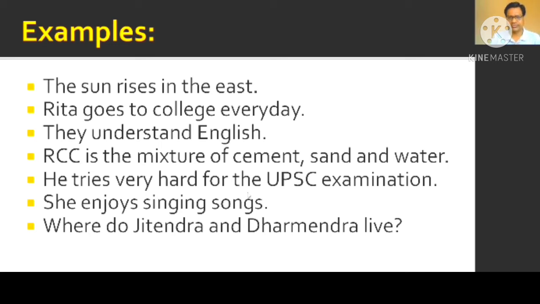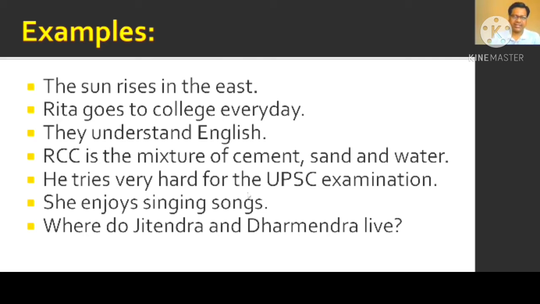Similarly, you have UPSC, Union Public Service Commission, that conducts competitive examinations for central government jobs for super class 1 posts. And here you have a sentence. He tries very hard for the UPSC examination.